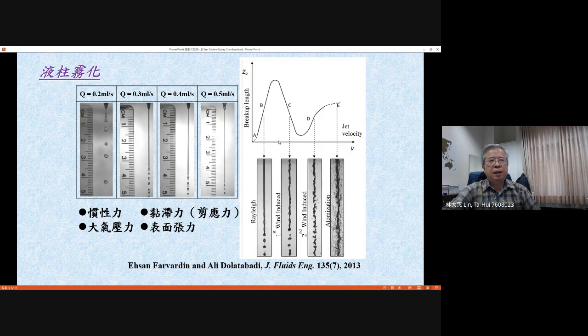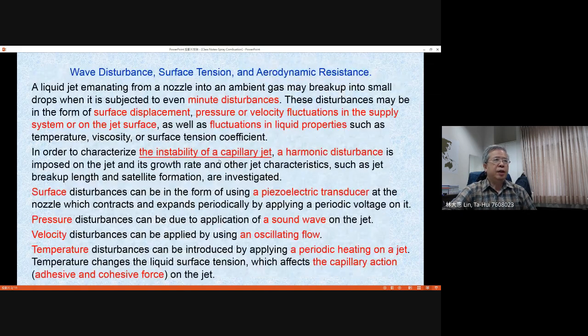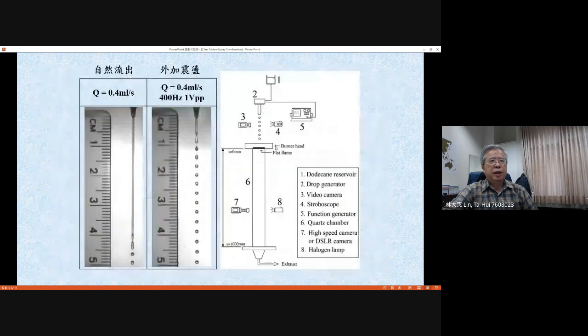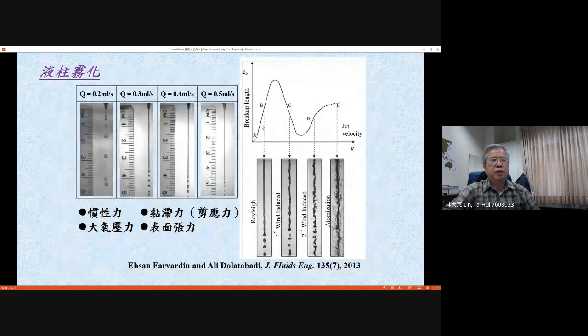The first part, the B region, is basically controlled by the instability described by Rayleigh instability, and basically those are controlled by, as I mentioned here, the capillary jet influence. Okay, then you can see there is the linear increase in breakup length.